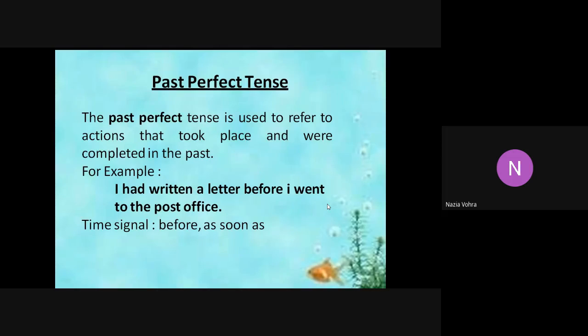So written is the third form of the verb, with had. I did one activity and then I started the second activity. And here we can use time words like before, after, as soon as. Clear?